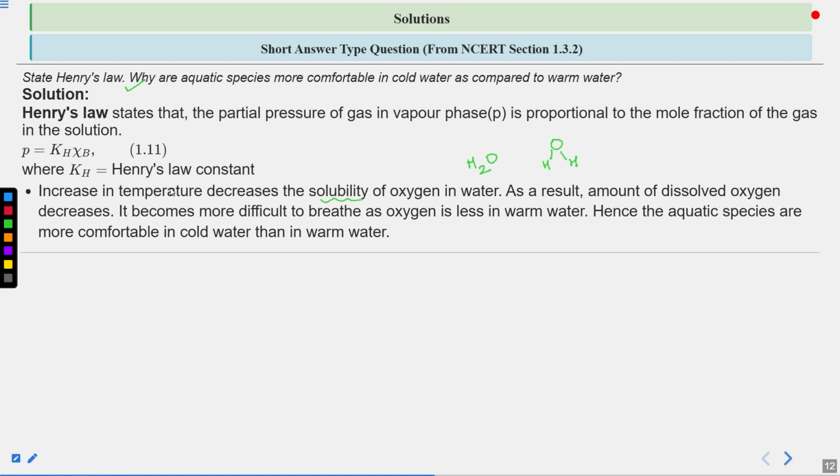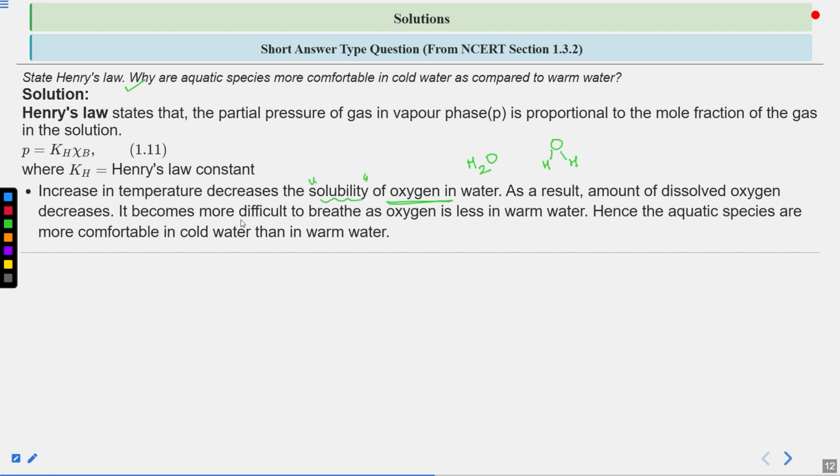So when you increase the temperature of the water, there will be a visible decrease of solubility of oxygen in the water. As a result, the amount of dissolved oxygen decreases. Solubility decreases, which means the dissolved oxygen in the water will also decrease.